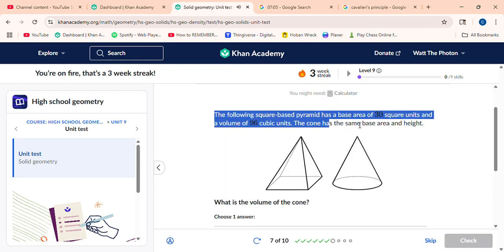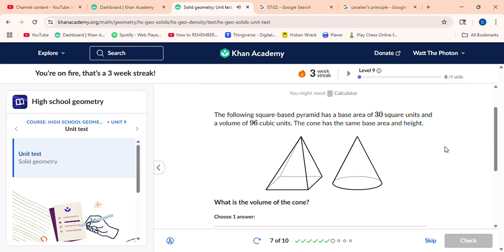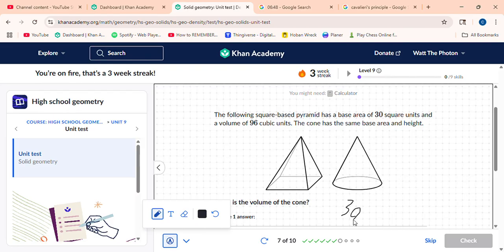The volume of a square base pyramid with a base area of 30 is 96. The cone has the same base and same height. What's the volume of the cone? So the cone is 30.